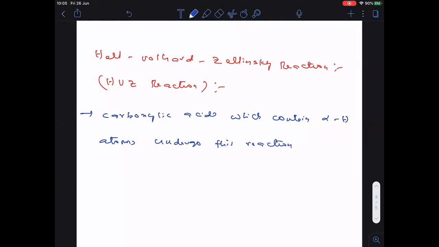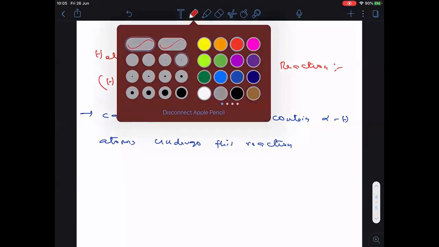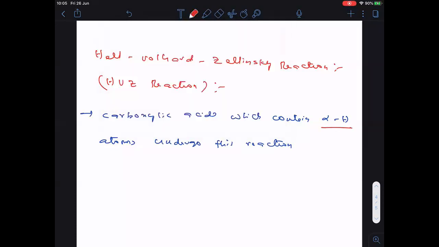Is it clear, everyone? Remember, all the acids do not participate in this reaction. Only the acids which contain alpha hydrogen atoms will participate in this reaction.